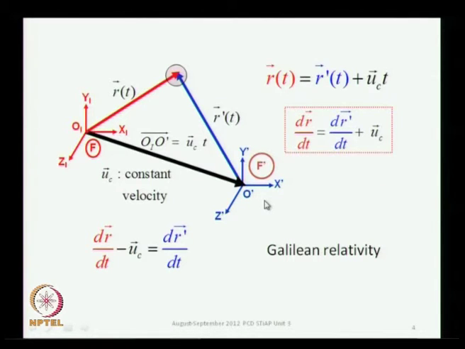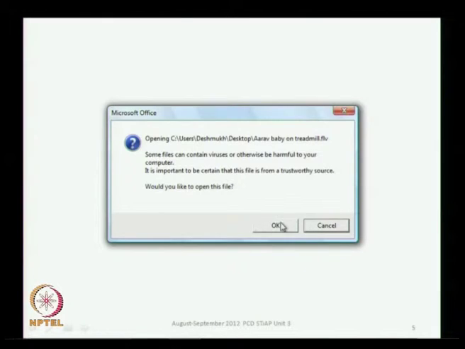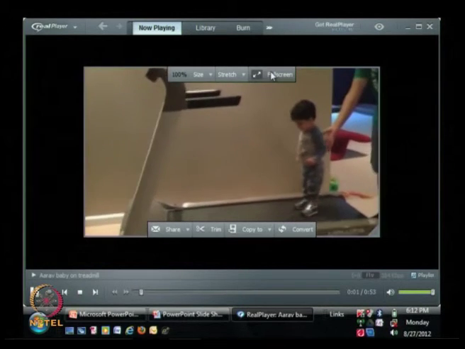That is the essential point in this, and I like to show this little video of this kid. Let me see if it comes up. Yes, it does, and I really like this video.